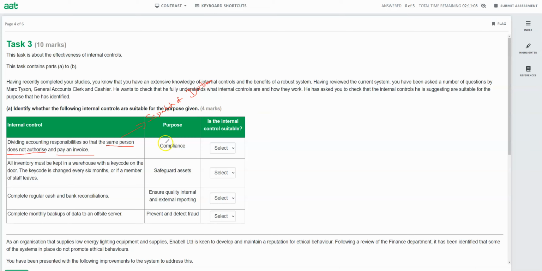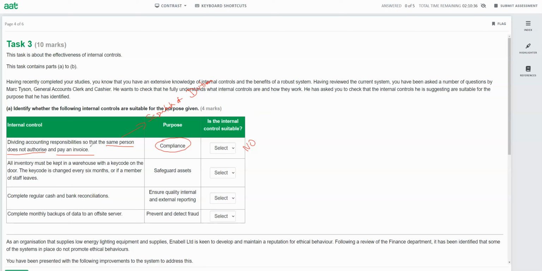But for the compliance purpose it is not the suitable one. So for the compliance it will not help. So is the internal control suitable? We'll say no. So from the drop down we'll say no, because this one will not help. The question here is dividing the accounting responsibility so that the same person does not authorize and pay an invoice.